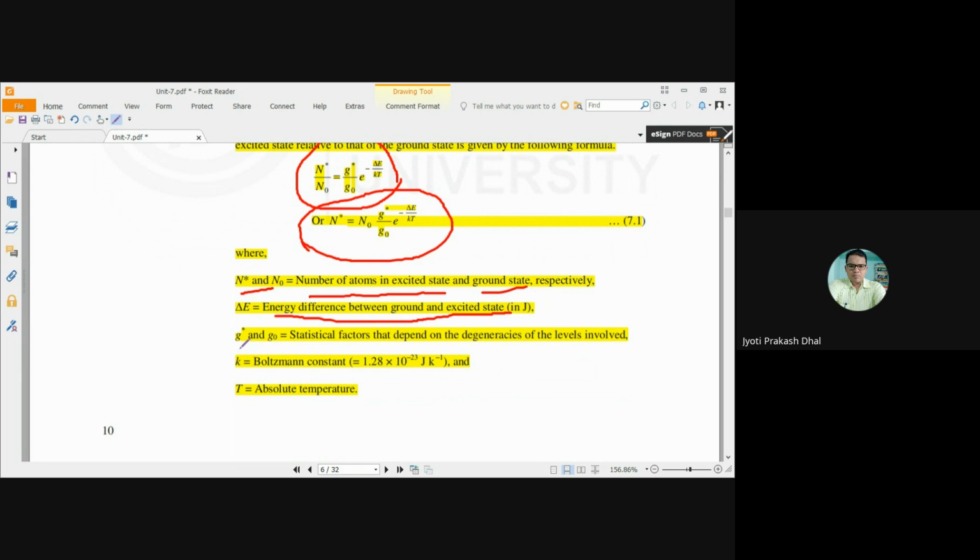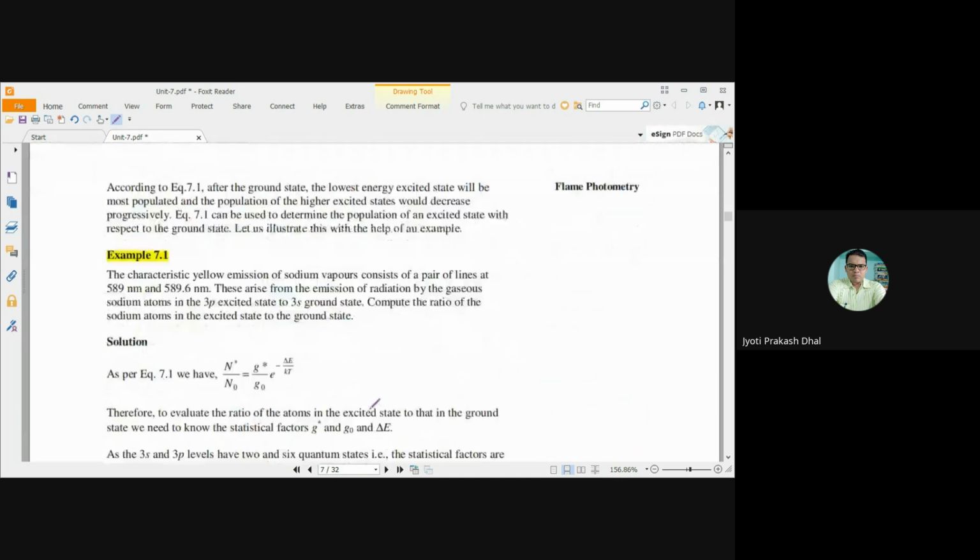G star and G naught are the statistical factors that depend upon the degeneracy of the energy levels involved. And k is the Boltzmann constant having the value 1.38 into 10 to the power minus 23 joule Kelvin inverse. And T equals absolute temperature.